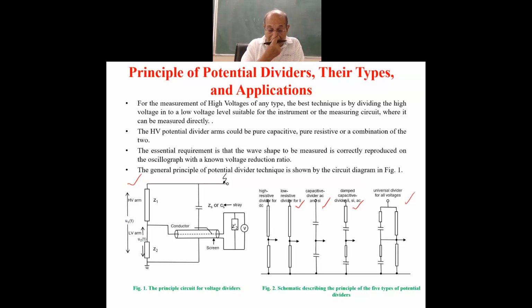This is the typical connection diagram for a potential divider circuit. This is the high voltage being applied across the Z1 and Z2 combination.